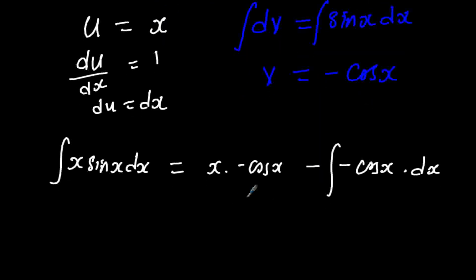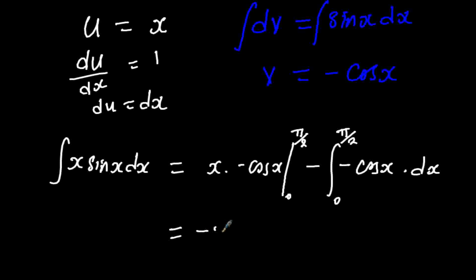And our limits were from 0 to pi over 2, and this is still from 0 to pi over 2. So this one, I will not substitute in the limit, I will do it at the end.